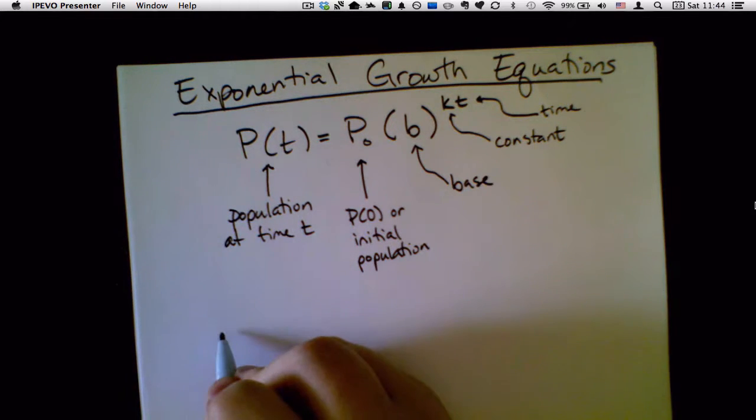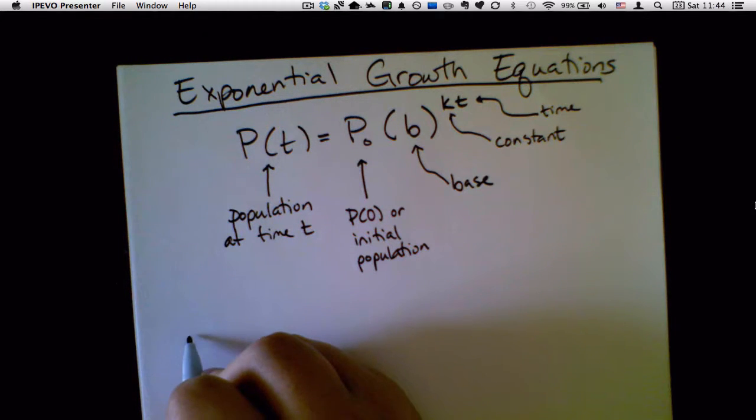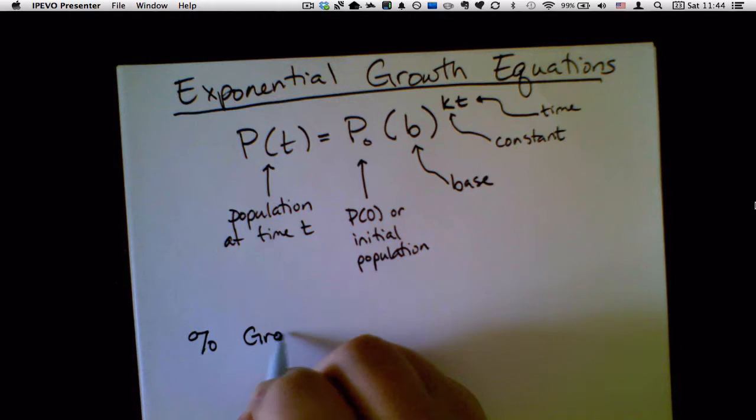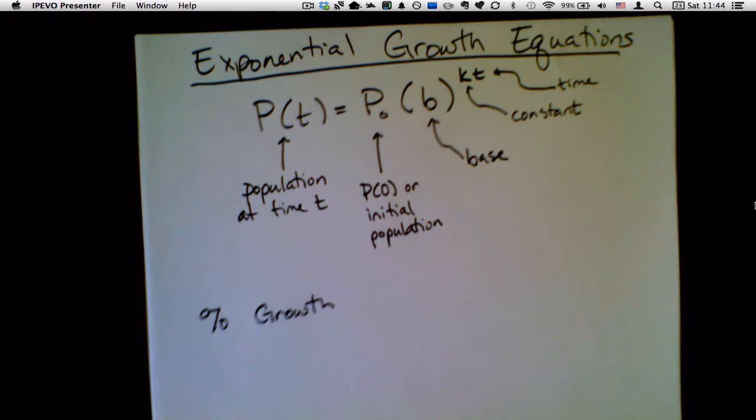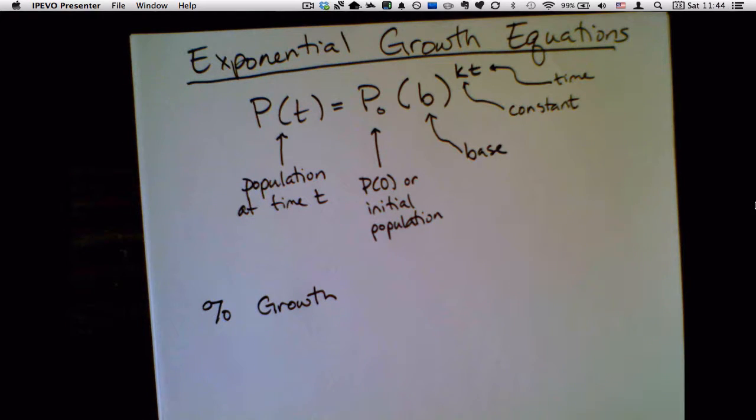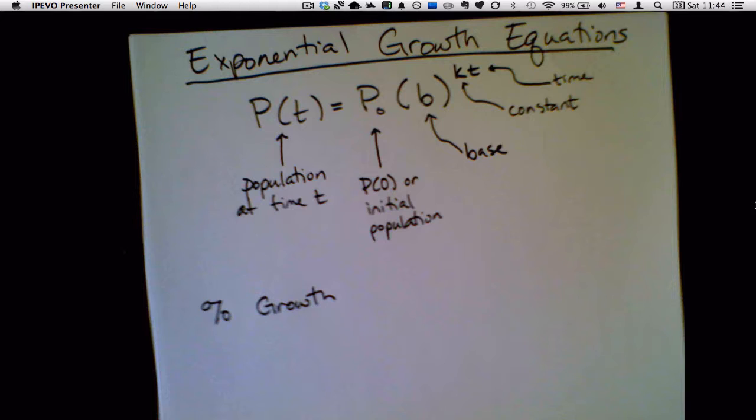For example, a really common type is if you have percent growth. For example, the bacteria population grows 4.3% every minute, or the population of this particular city grows at an annual rate of 7.5%.